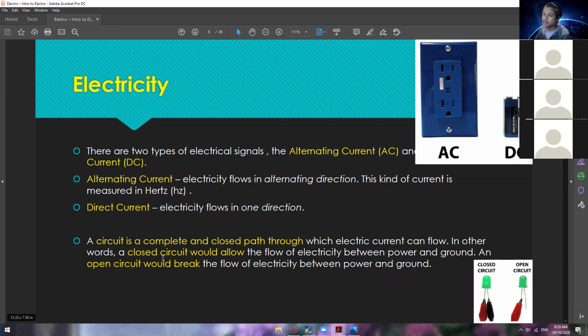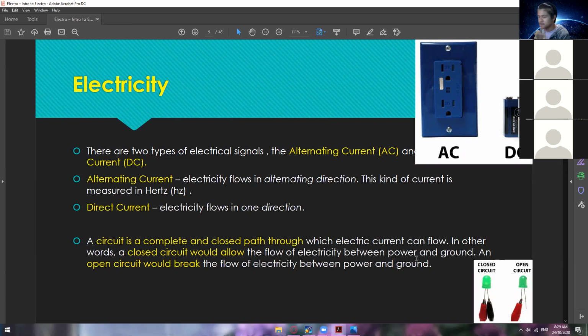In other words, a closed circuit would allow the flow of electricity between power and ground, and an open circuit would break the flow of electricity between power and ground. If there's no connection between power and ground, then that's a dead component.